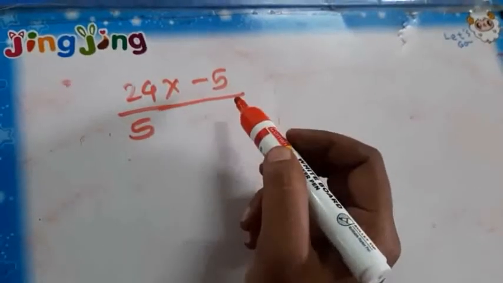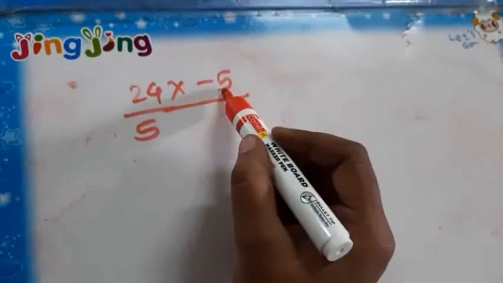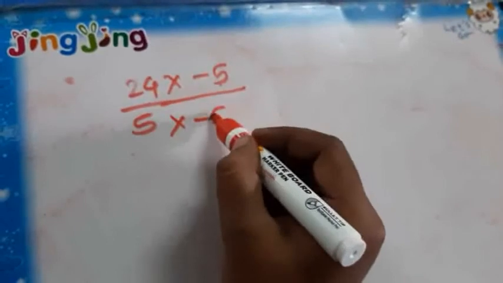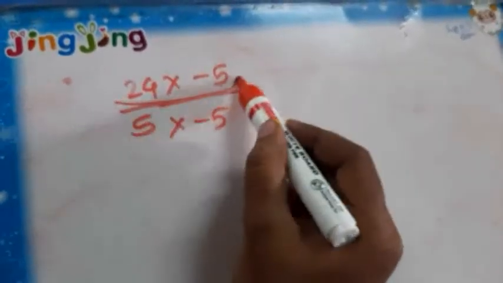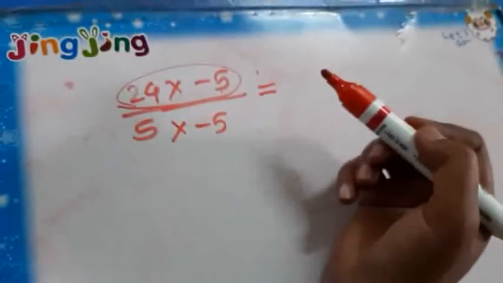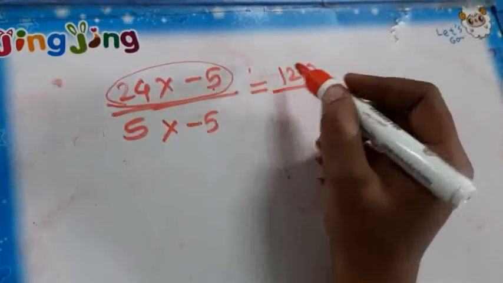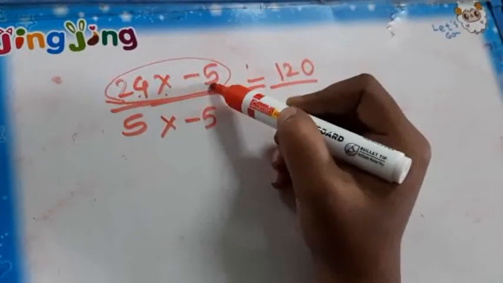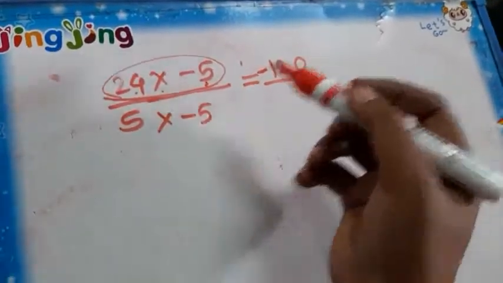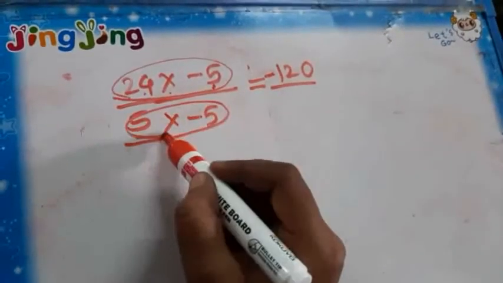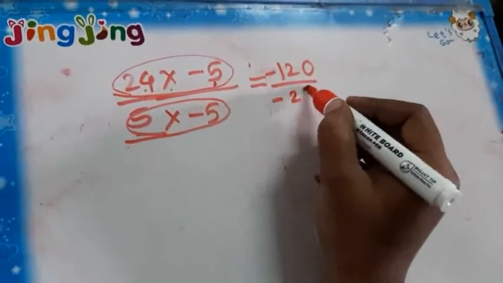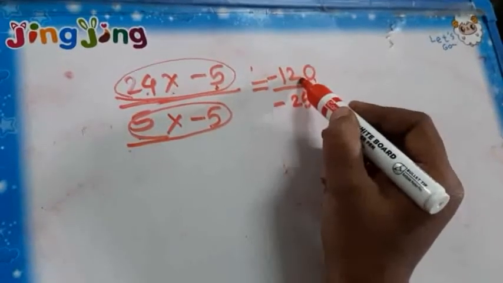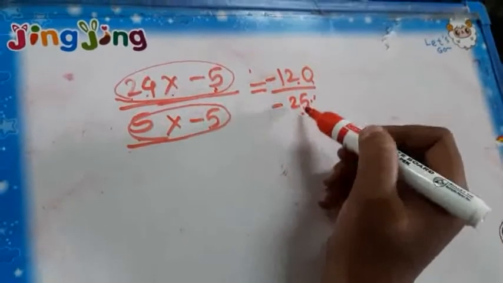Now to get third division, suppose I am going to multiply by minus 5 to numerator. So with same we have to multiply denominator by minus 5. Now 24 into minus 5 it will be minus 120, as one number is positive multiplied by negative number, answer will be negative. 5 multiplied by minus 5, it will be minus 25. Now consider this number. Negative integer is divided by negative integer. So what will be answer?